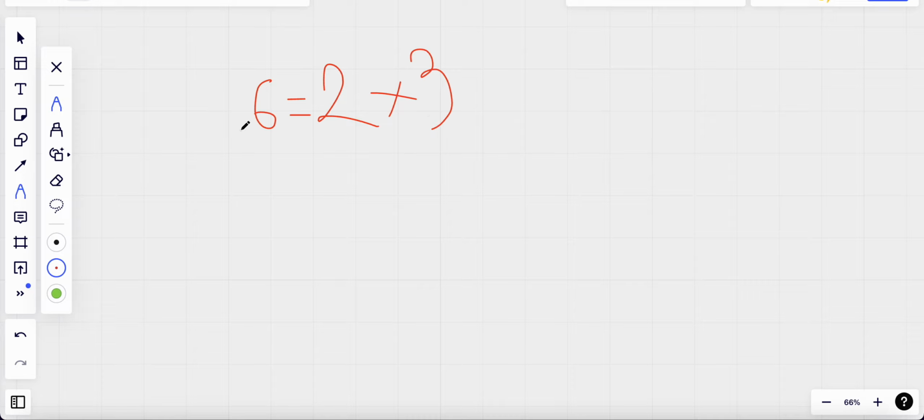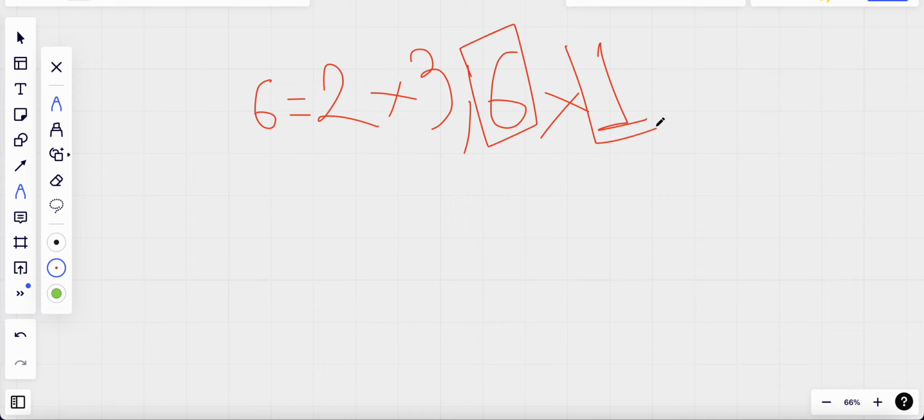We also know that 6 and 1 are also factors of 6, right? But 6 is not prime, neither is 1. For any number to be prime, the number should only be divisible by 1 and itself.